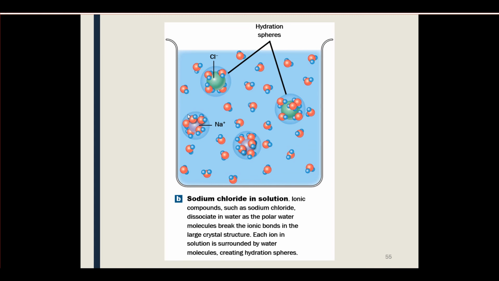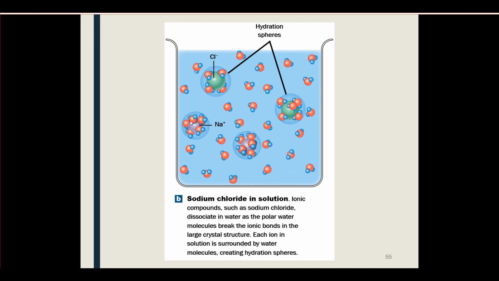So now sodium will stay separate from chloride. What keeps them separate is this. Watch this. Sodium is a positively charged ion, right? It's a cation. So notice, guys, water molecules will form a sphere around the sodium, but notice what side of the water molecule is attracted to the positive sodium.